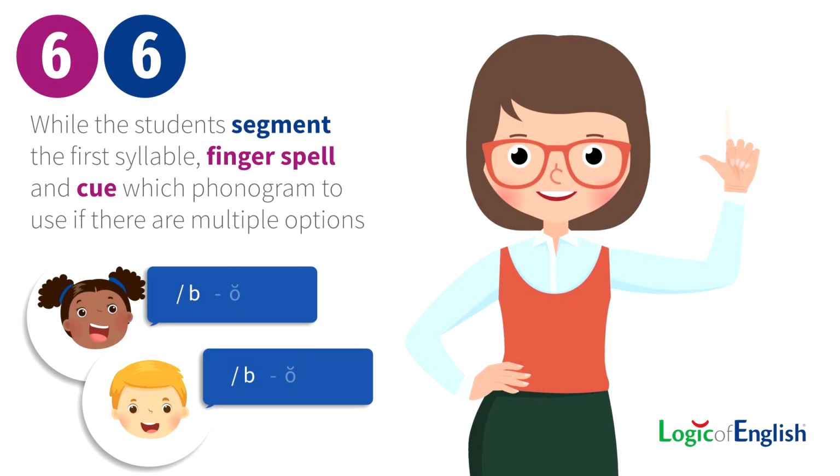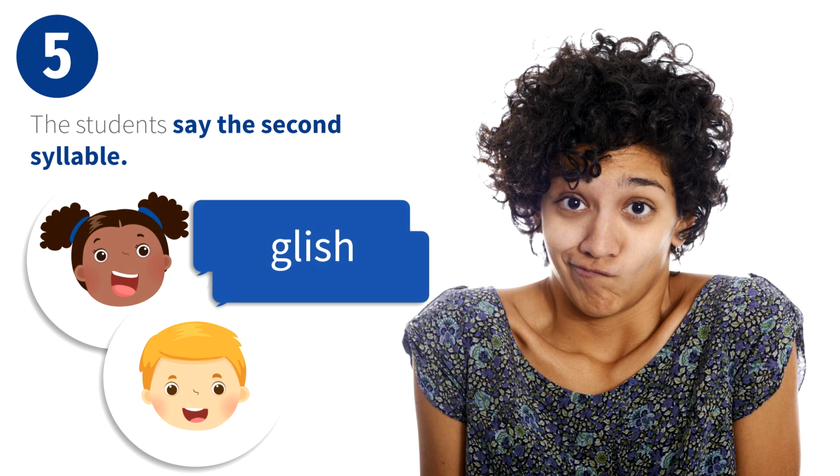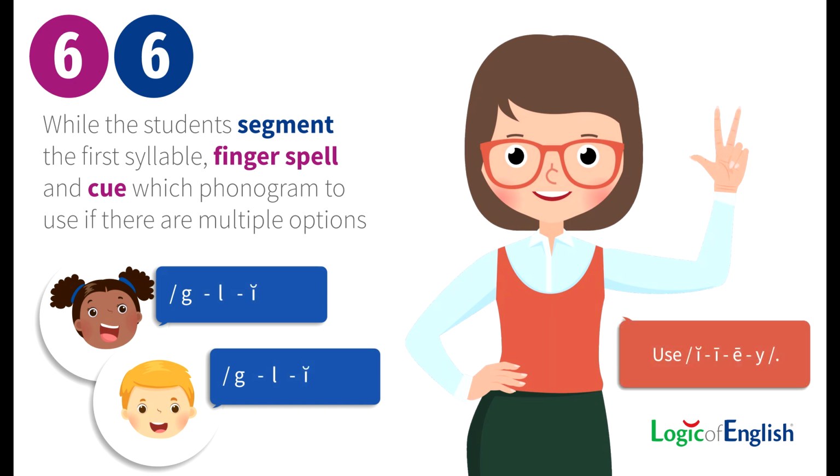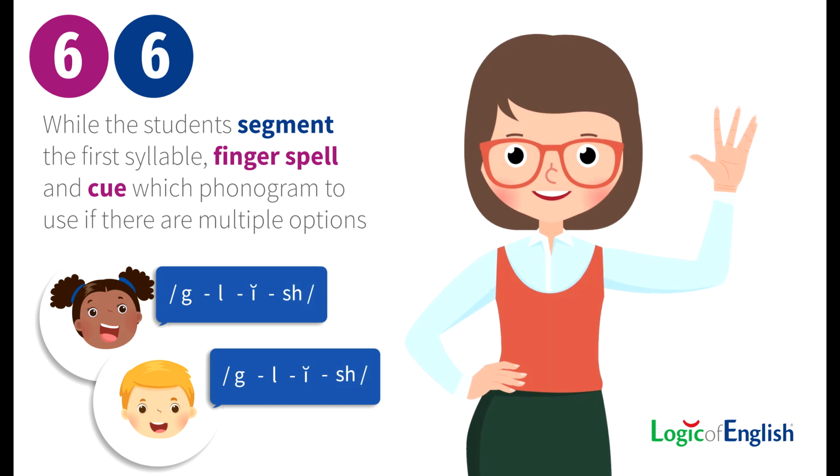B, A, G. Okay, the second syllable is glish. So I'll say glish, and then you will finger spell and cue glish. G, U, I, use I, E, ya, and then sh.